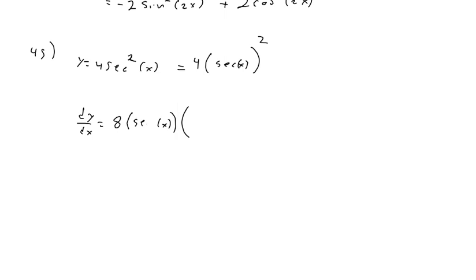Secant was connected with another trig function. Secant and something were combined, paired up. There was this pairing of trig functions. What did secant pair with? Look at your notes, look at your memory.